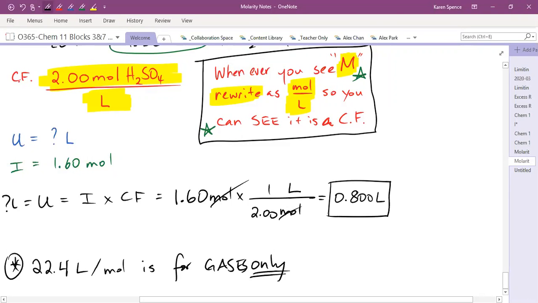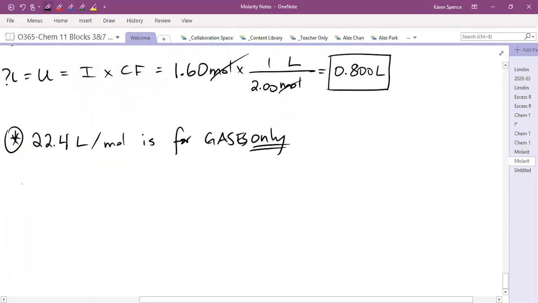We're going to do just one final example, and that's going to be to go the other way. In this question, we went from moles into liters. For our next and last example, we are going to go from liters into moles. So here's our question.